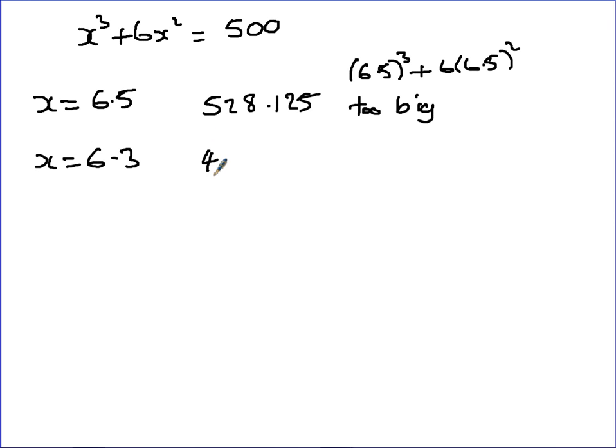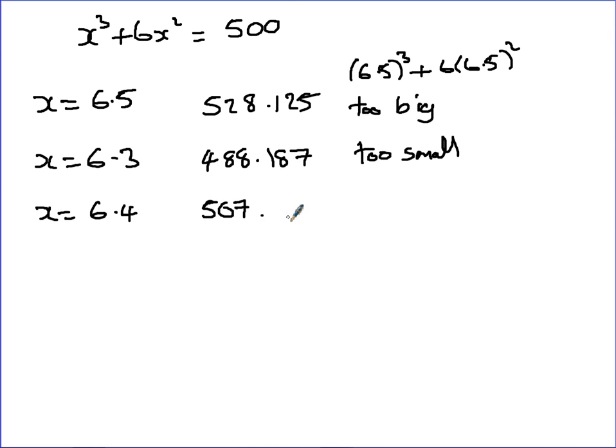And that gives me 488.187, which is too small. So then I'm going to try x equals 6.4. That gives you 507.904, which is too big.